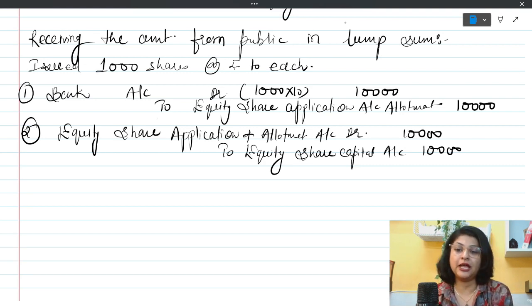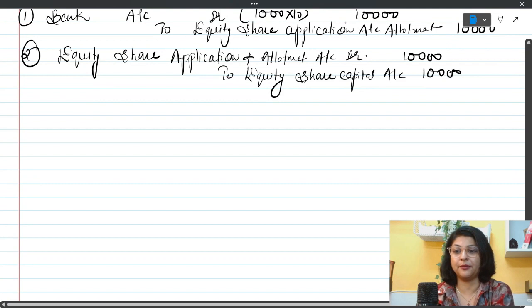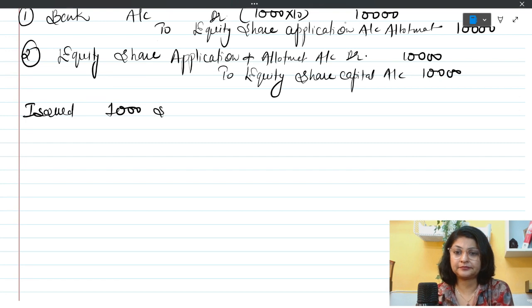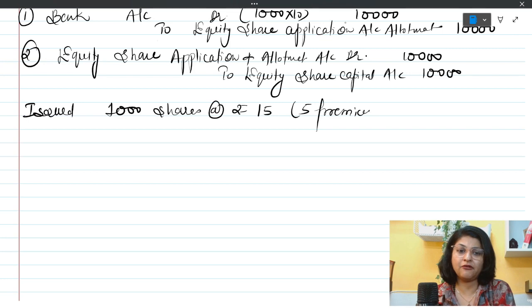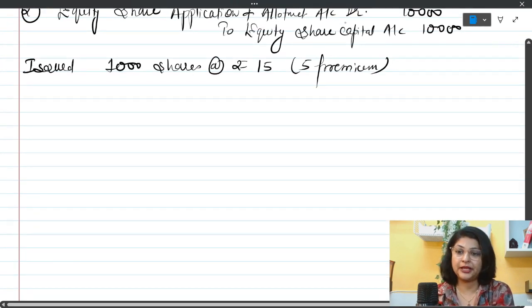Now if we have issued the shares at a premium, what should be the entry for that? Let's say we issued 1000 shares at rupees 15, where 5 rupees is the premium amount. Then how are we going to deal with this? Let us see. The first entry will remain unaffected.